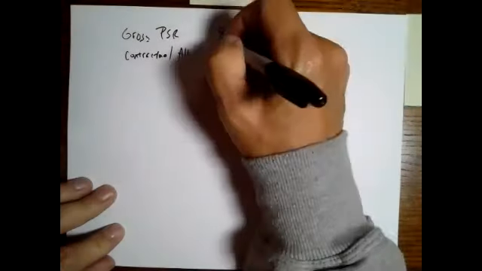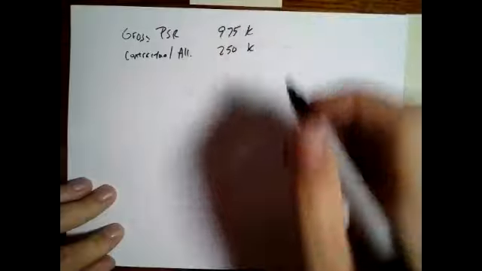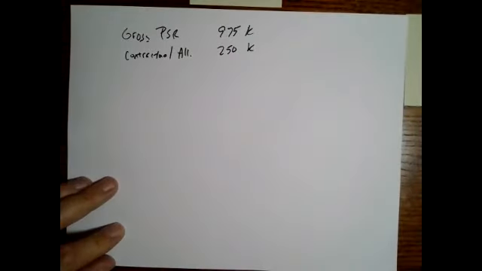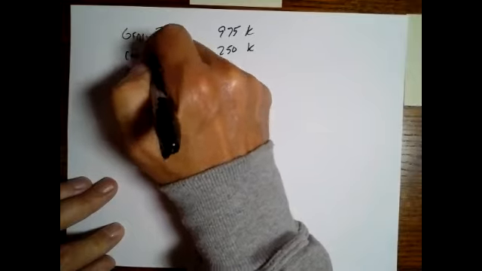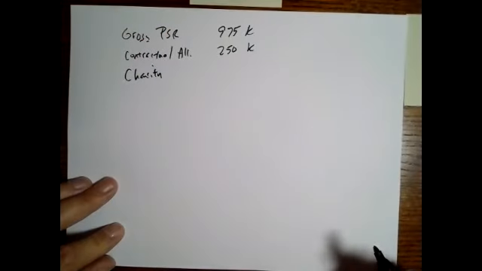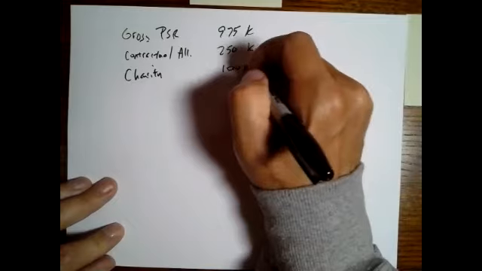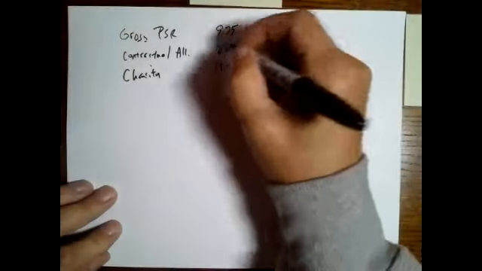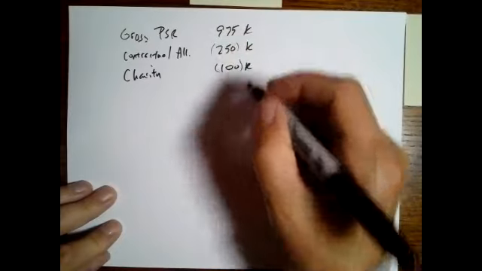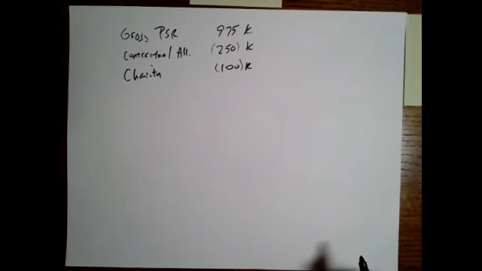So in this case, we're taking $250,000 in contractual allowances. And then we also write off our charity care, in this case $100,000, from the gross. So these are all subtracted. I'm putting them in parentheses because they're negative, right?